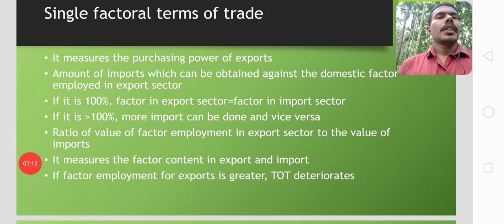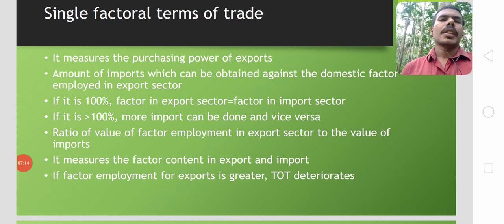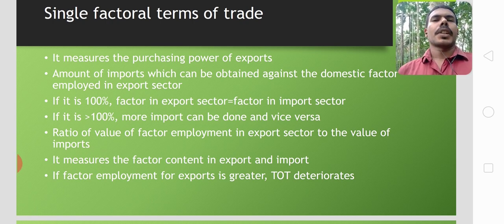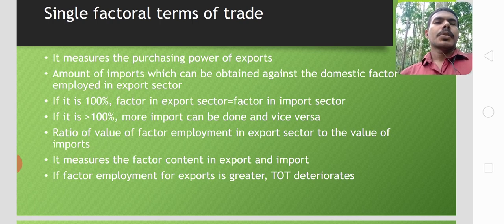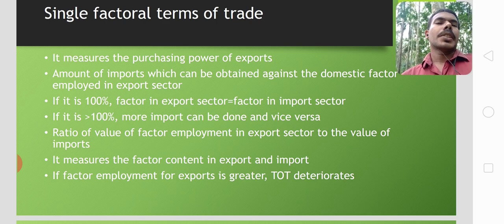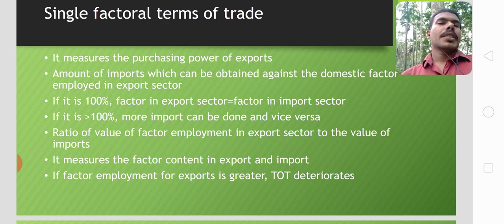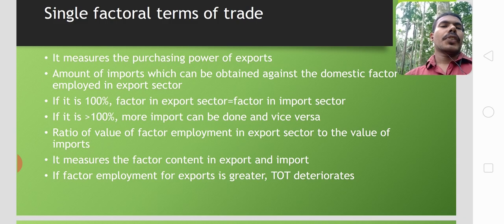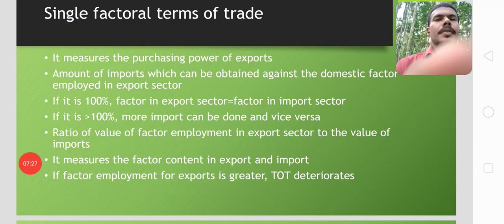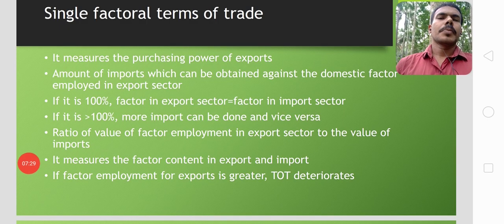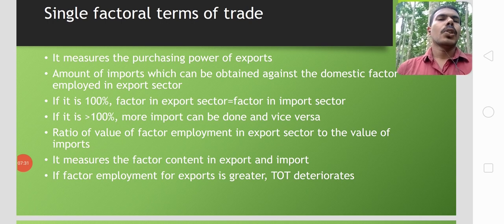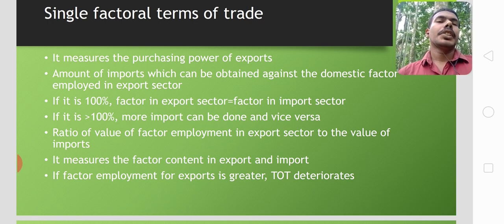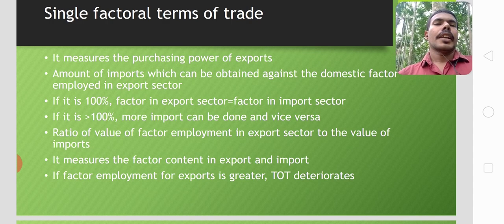A third one in the list of types of terms of trade is single factorial terms of trade. Single factorial terms of trade measures the purchasing power of factors embodied in exports of a nation. It measures the amount of import that can be obtained against the factors employed in the export sector.